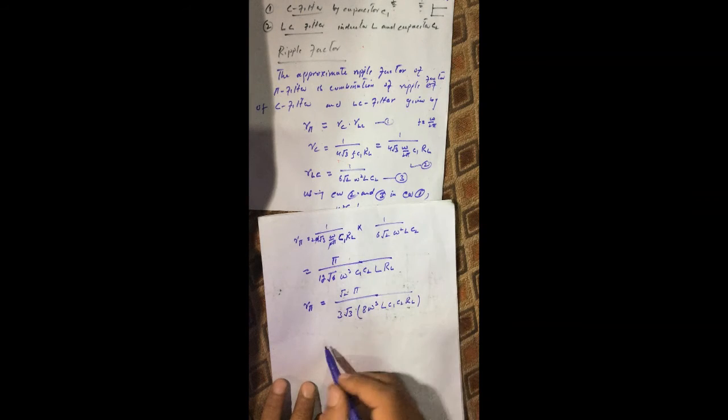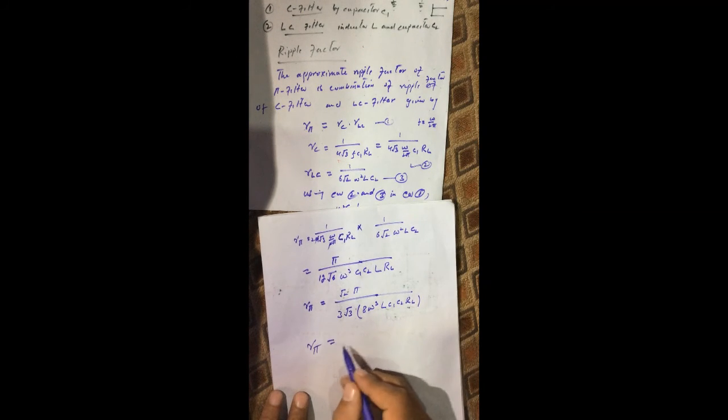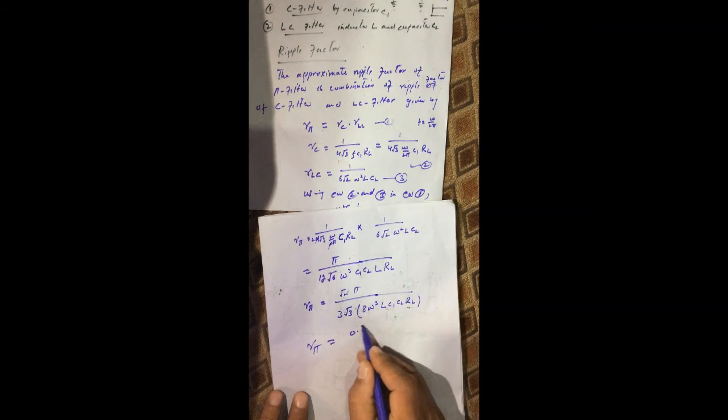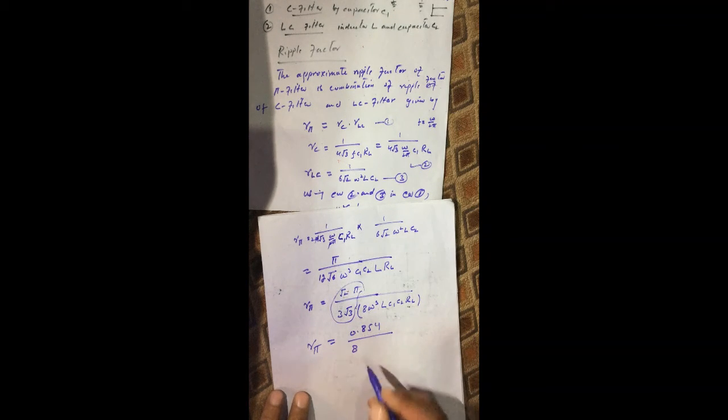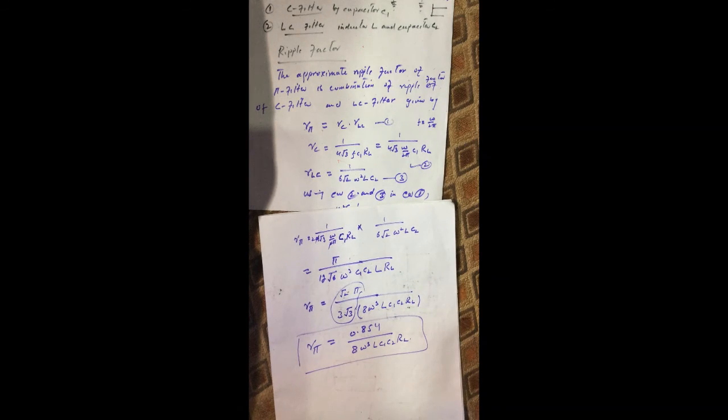If we simplify this, we get the ripple factor of this pi filter, which is 0.854 over omega cubed L C1 C2 RL. This is the ripple factor. So this is the end of filter circuit. Thank you.